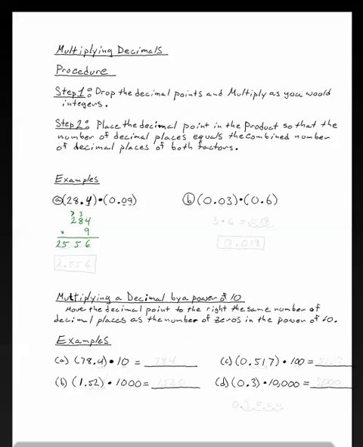Now, we need to add 3 decimal digits. So starting at the back of the number, we would move over 1, 2, 3, and our decimal point needs to go right there. So our answer is 2.556.